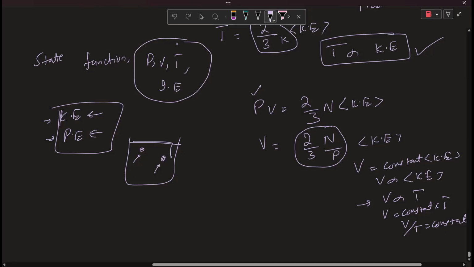And by state functions, we mean that only their initial and final condition is important. It doesn't matter through which way we have achieved that difference of value. Okay. This next part is work and heat, and this would be the last, work and heat and first law of thermodynamics.